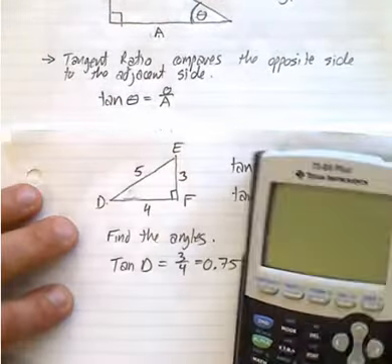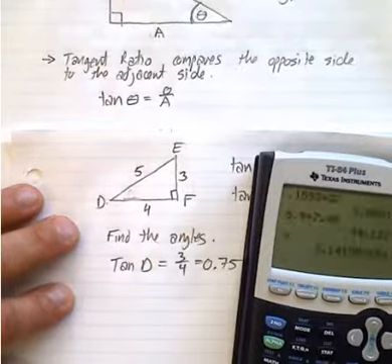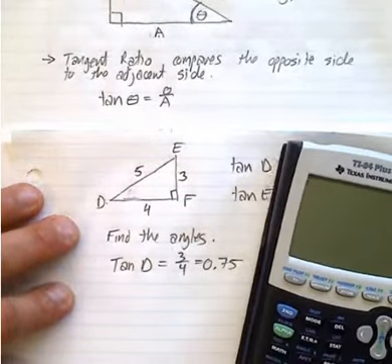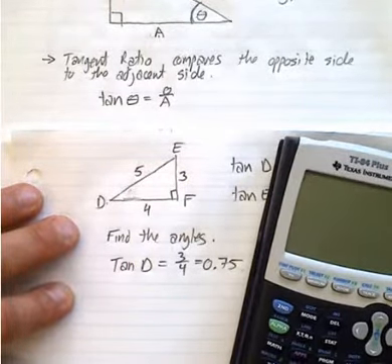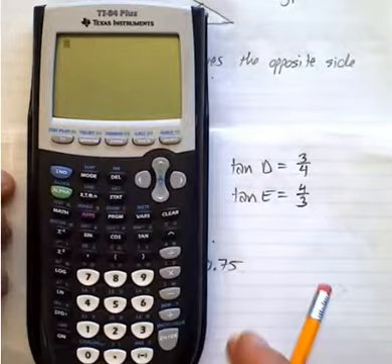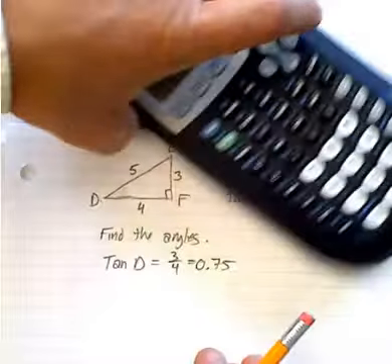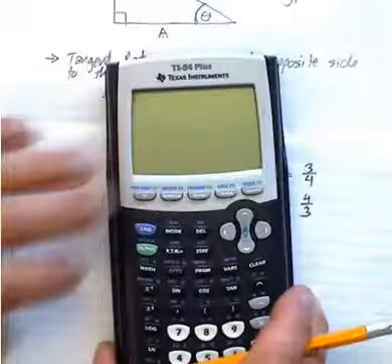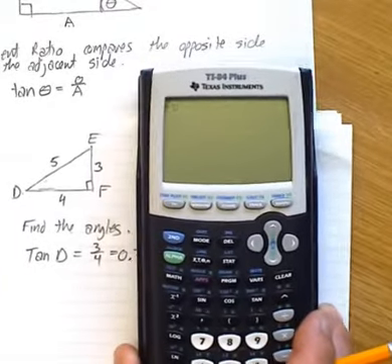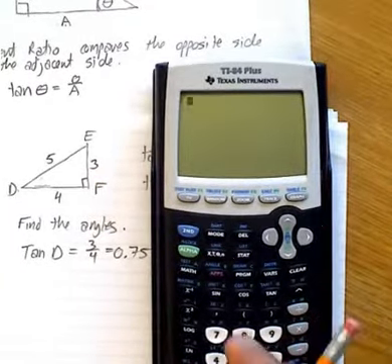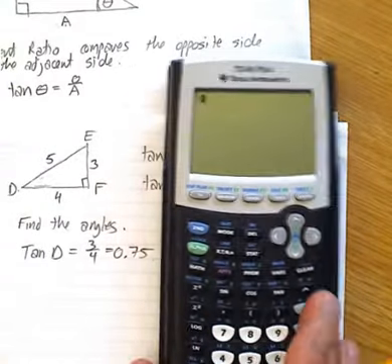Well, how do we do this? We do it on our calculators. Turn our calculators on first of all, and see the tan button? What I'm looking to do is find the angle.